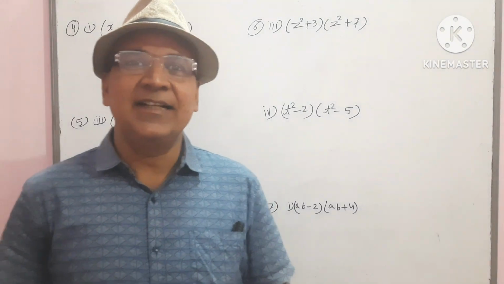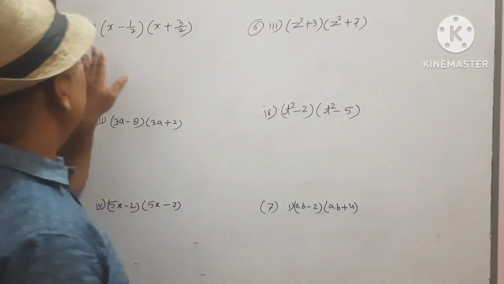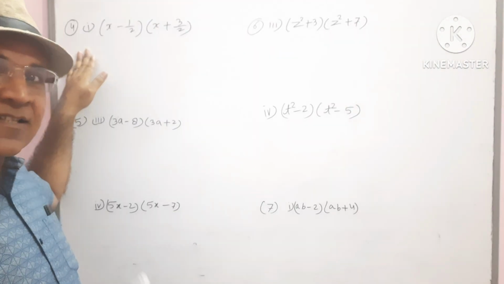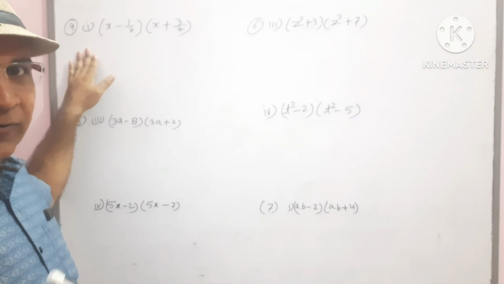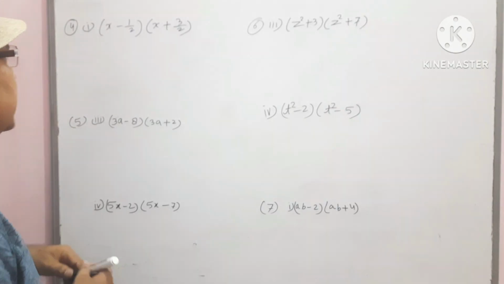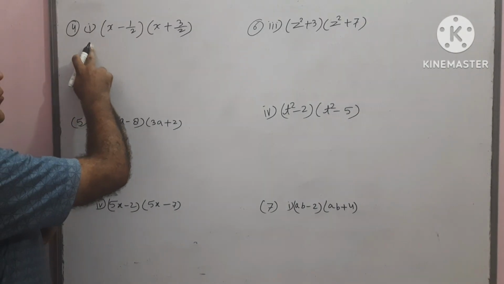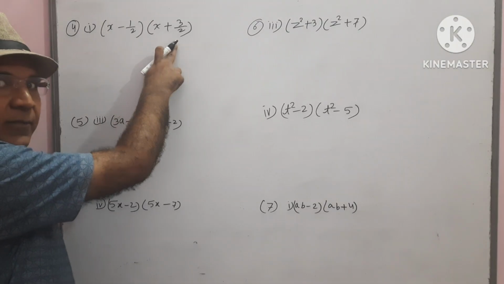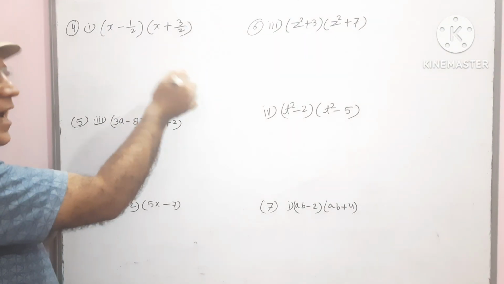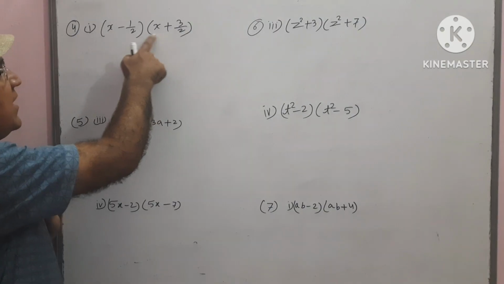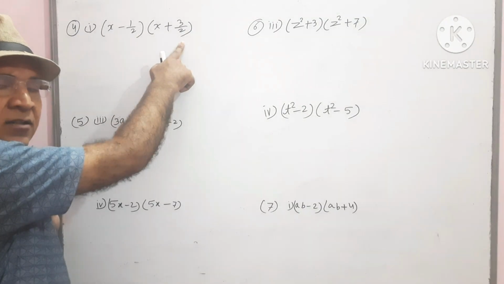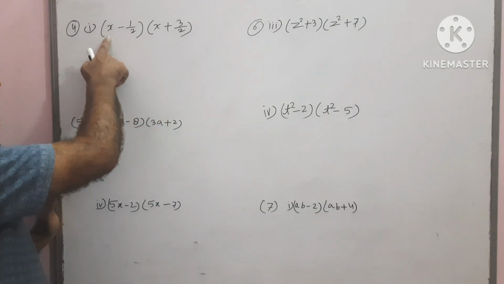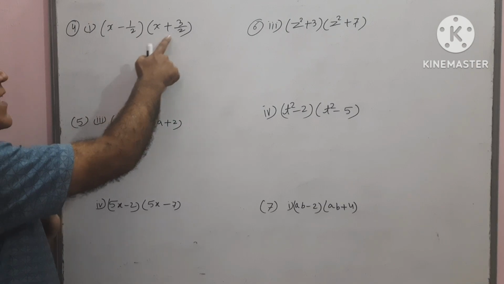Okay, children, now see the next questions. The question number 4, part 1 I am telling, second I am giving you as the homework because both are same. So see this. In the question number 4, part 1, x minus 1 by 2 into x plus 3 by 2. Again first term is same and second term is different. So we will apply the identity x plus a into x plus b.